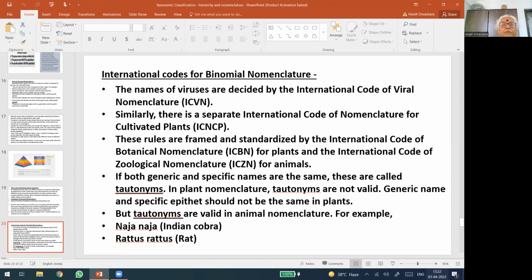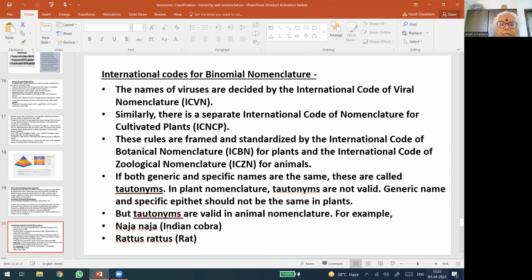Then one important term to know: we have seen synonyms. Now there is another term, tautonym. When you study the details of the specific names of different organisms, you will find that in some cases, specifically in the naming of animals, not plants, the same term is used as both the generic name and the specific name, and such terms are called tautonyms.